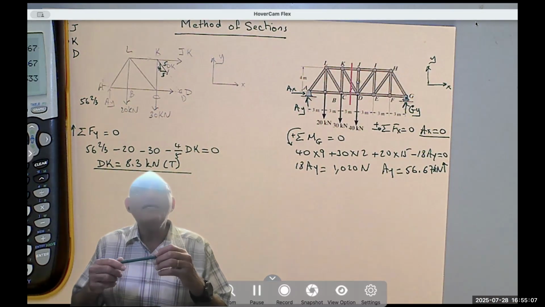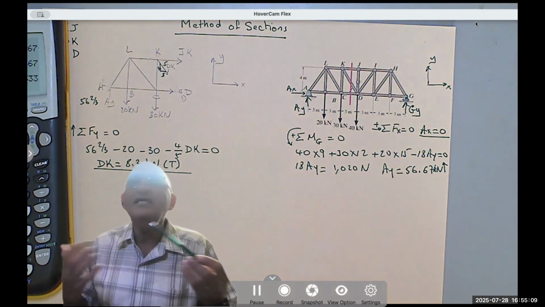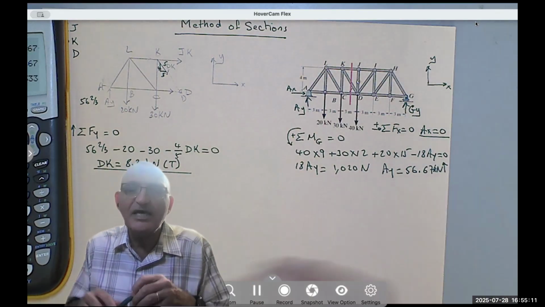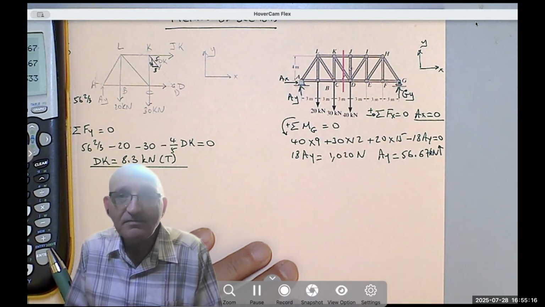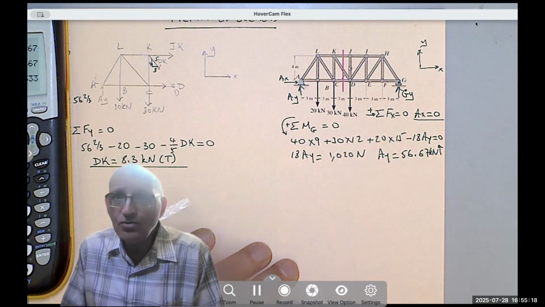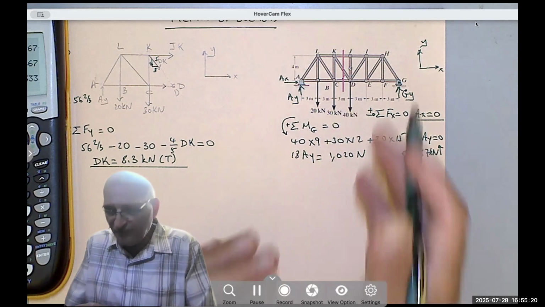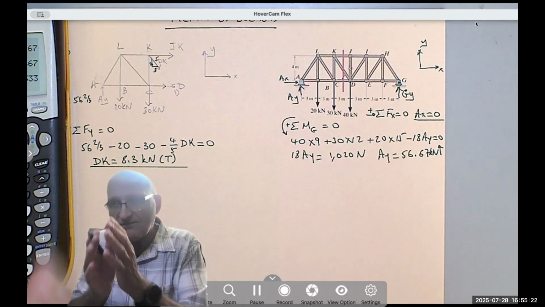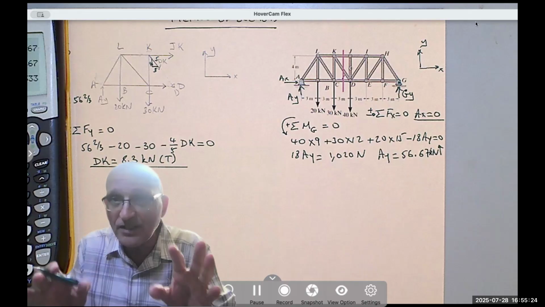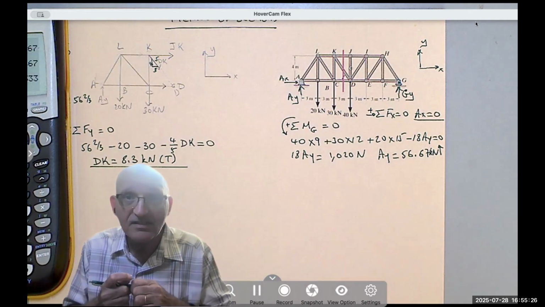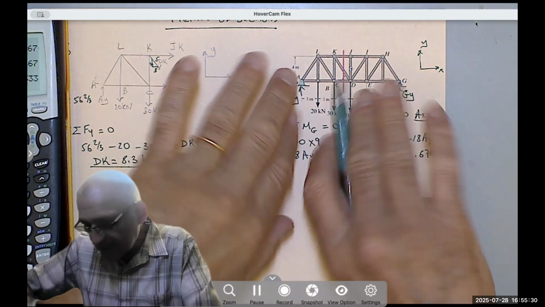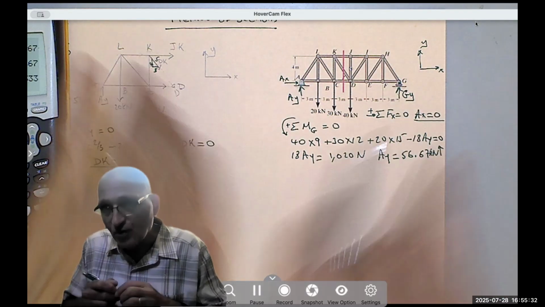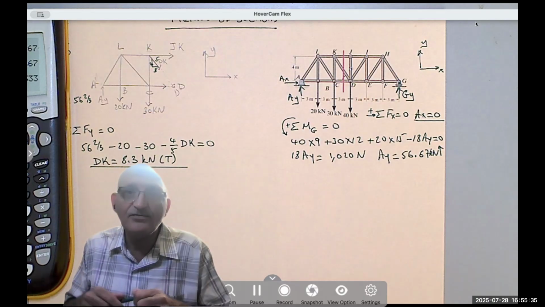So how many unneeded member forces did you have to find until you reach these two joints? A lot. So in this case, definitely, if the forces are somewhere in the middle of the truss, and these are the only required members, I would use the method of sections. If these were very close to the supports, probably the method of joints would be better.